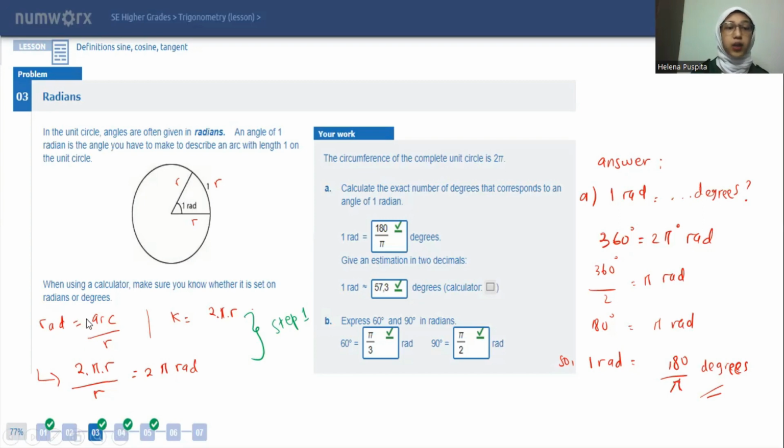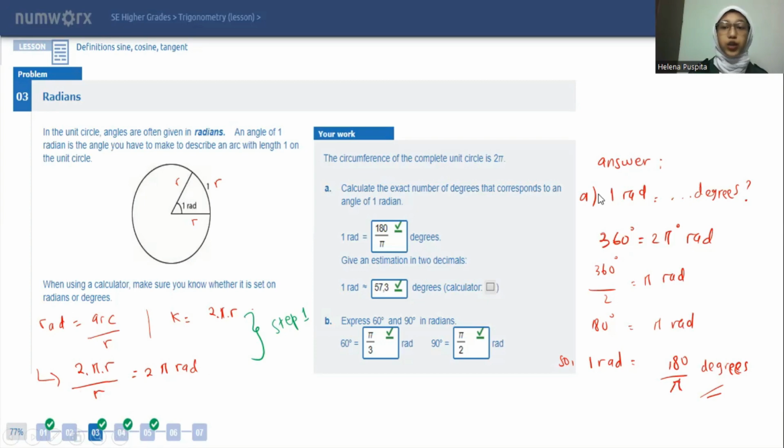Radius equals r over r. And then the circumference is 2 times π times r. Then the radius is 2 times π times r over r equals 2π radians.